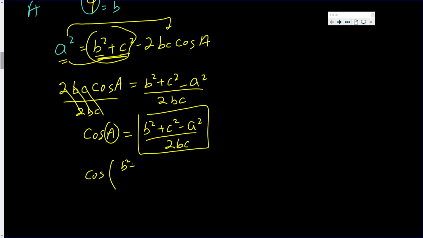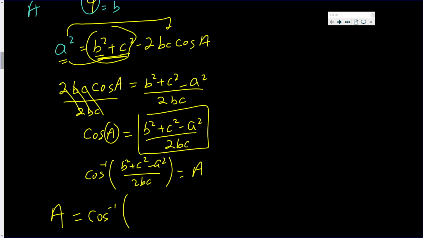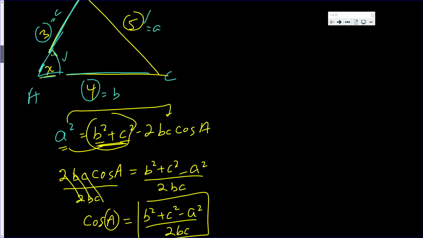A is the cosine inverse of b squared plus c squared minus a squared over 2bc, so long as you write inverse. Well, let me write it down here. B is 4, a is 5, and c is 3.